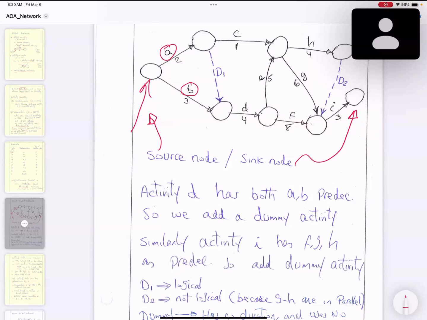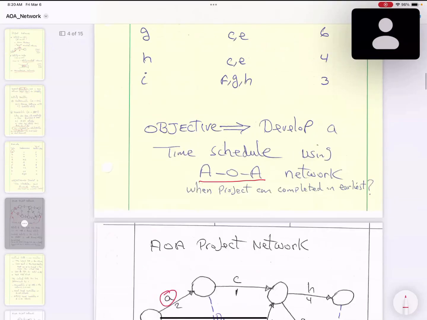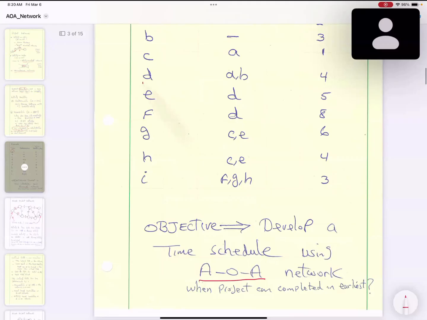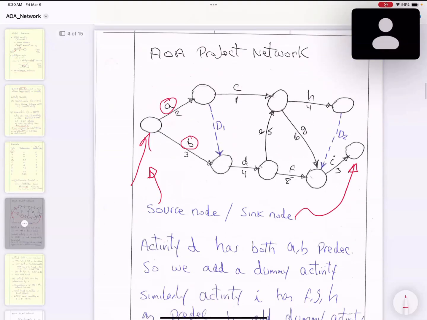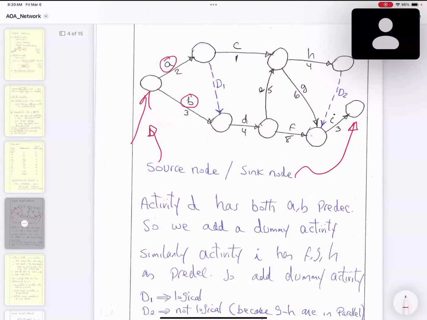Look at activity D: it has both A and B as predecessors, correct? So we added a dummy activity here because there is no connection to this node. Then you do a dummy activity and draw it with dashes.